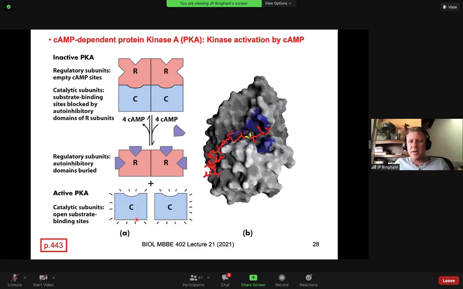So you can see the point I'm making here, that protein kinase A is a portal to a lot of other biological events. That means it must be very closely guarded and regulated.